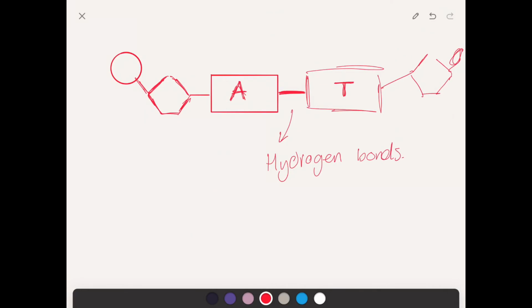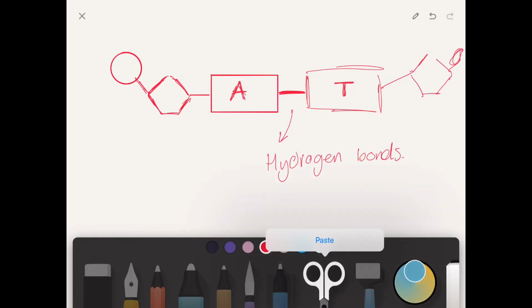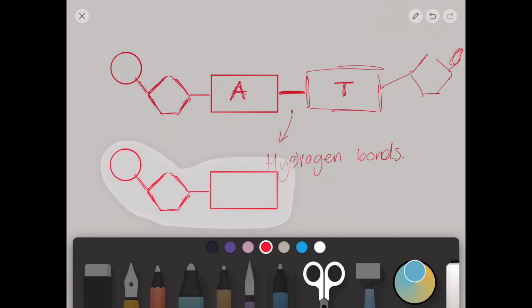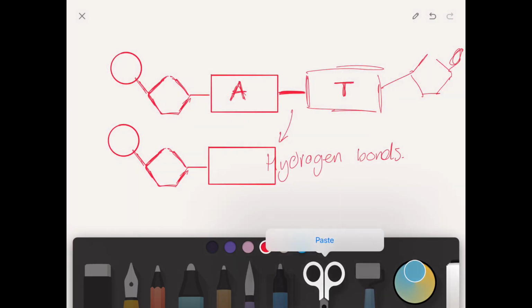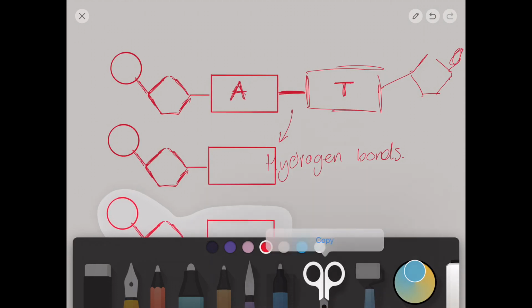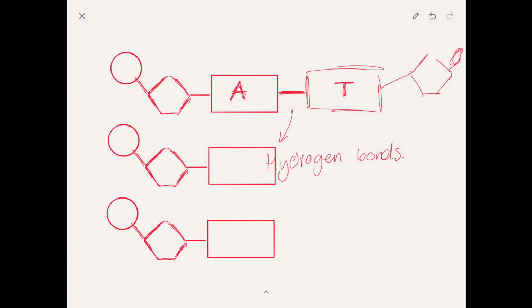So if I end up having loads and loads of these molecules, so let's put another one there, for example, and another one there, you suddenly have loads and loads of bases.